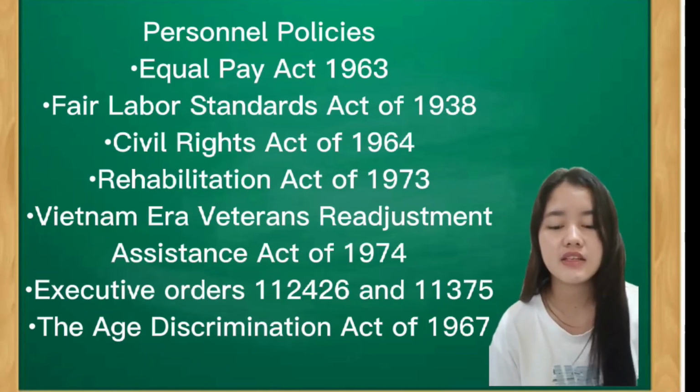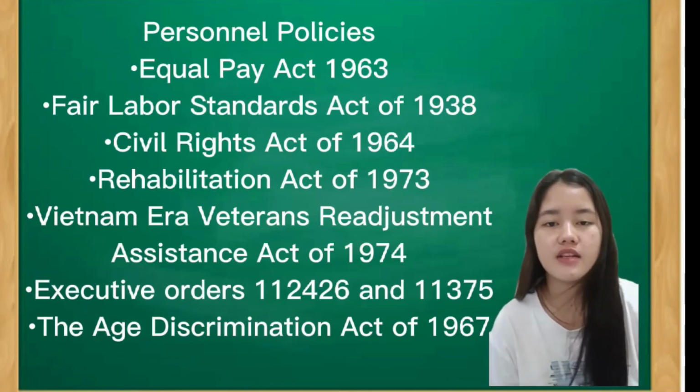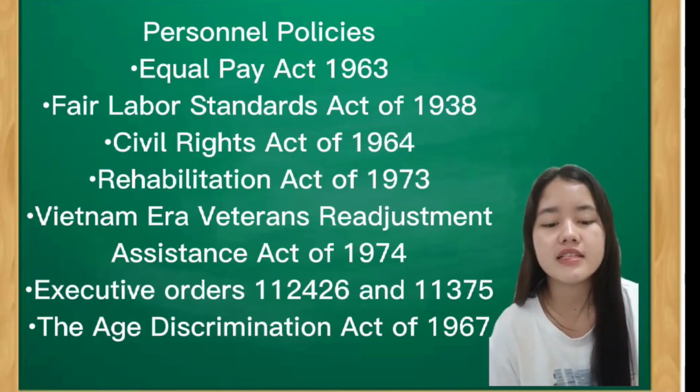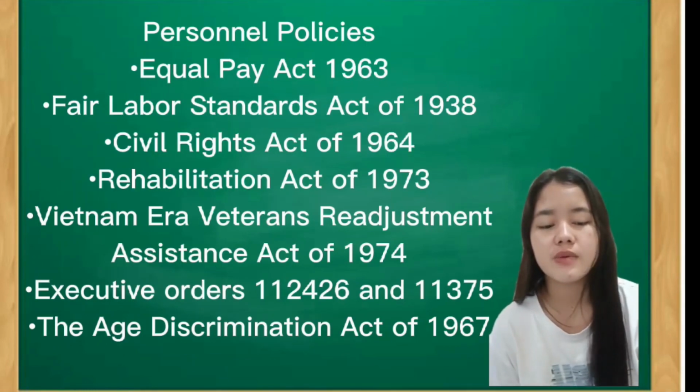Then Executive Orders 11246 and 11375 require an affirmative action program for all federal contractors and subcontractors whose contract exceeds $10,000. The Age Discrimination Act of 1967, amended in 1978, prohibits discrimination against persons 40 to 70 years of age in hiring practices for any employment.